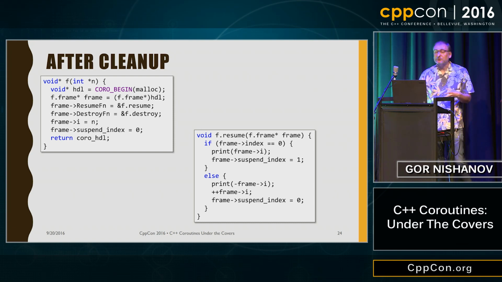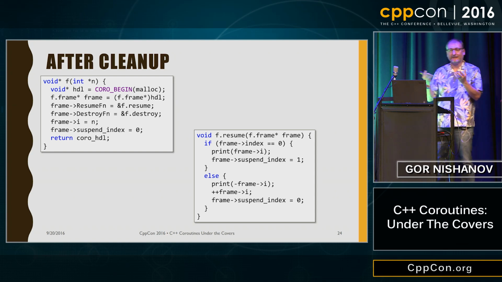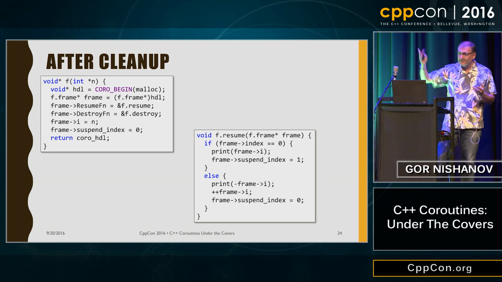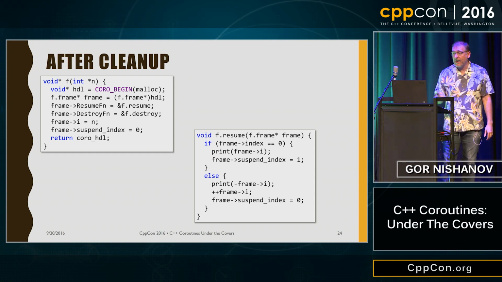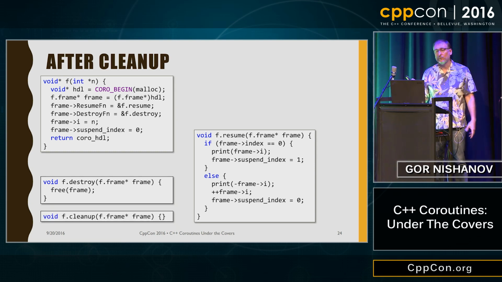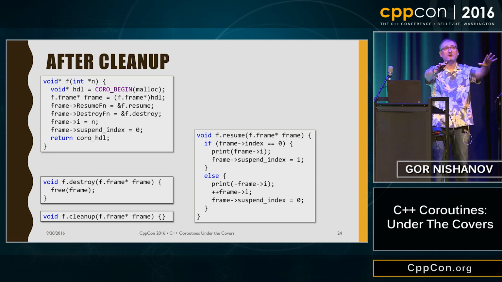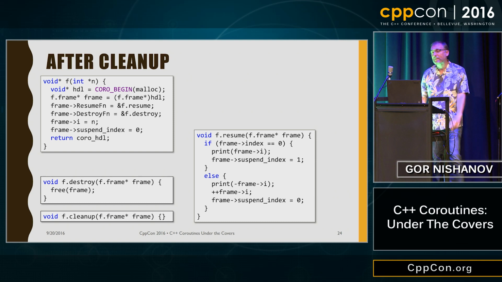In resume, the switch will be lowered down to something much simpler: is our index 0? It will do print frame I, and then set the suspend index to the next value. And our destroy and cleanup will look just like that. So again, just like Michelangelo: cloned, a few cuts, shake, and boom, it's all beautiful.